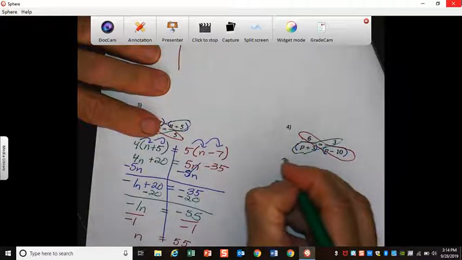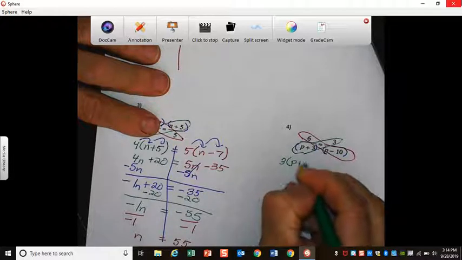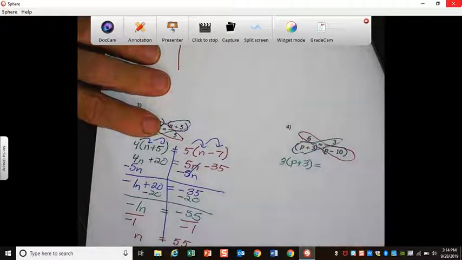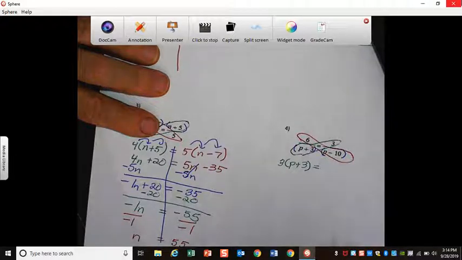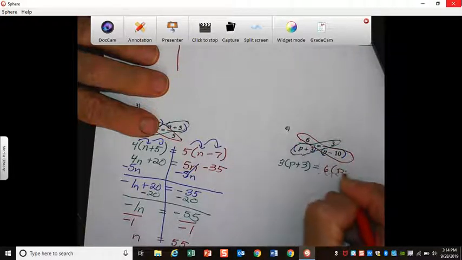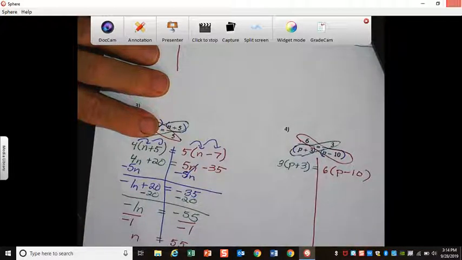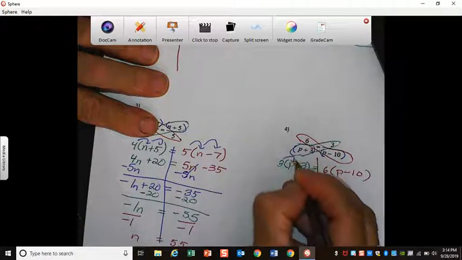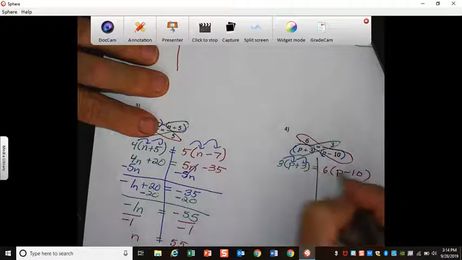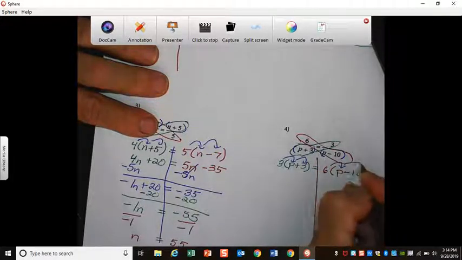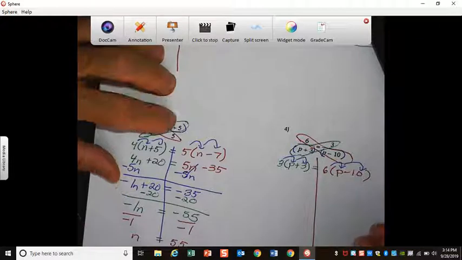So in green, 3 times p plus 3 equals 6 times p minus 10. I'm going to draw my wall, and I'm going to distribute. 3 times p plus 3, and 6 distributing over p and negative 10.